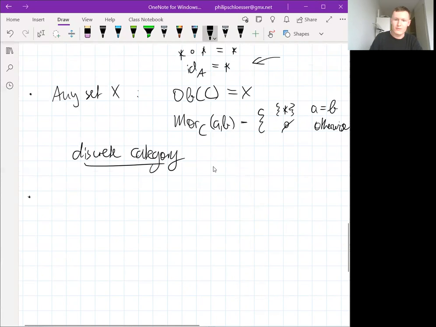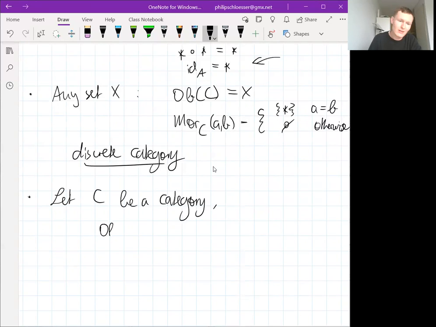And then we have the opposite category. So if C is a category, we can define C-op by saying that the objects should be exactly the same as the objects of C. But now the morphisms are reversed.